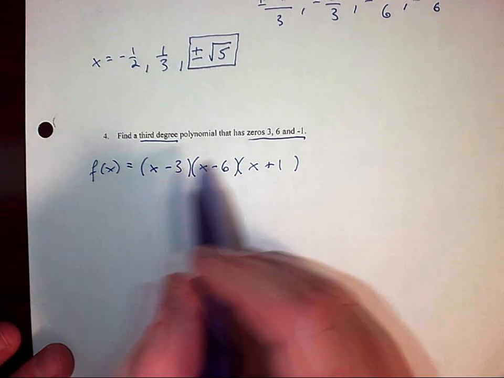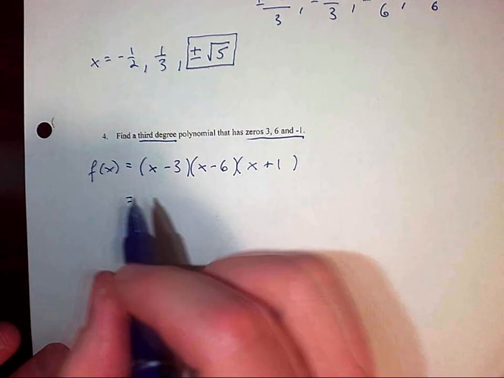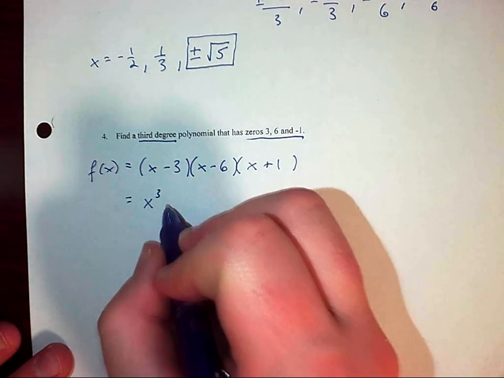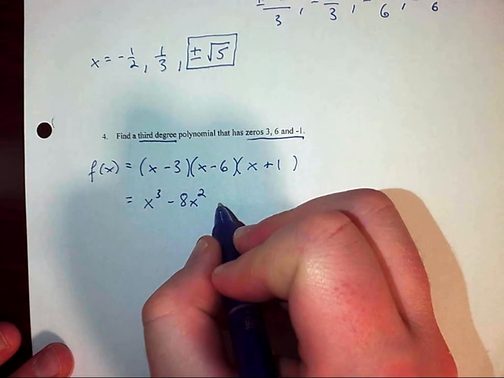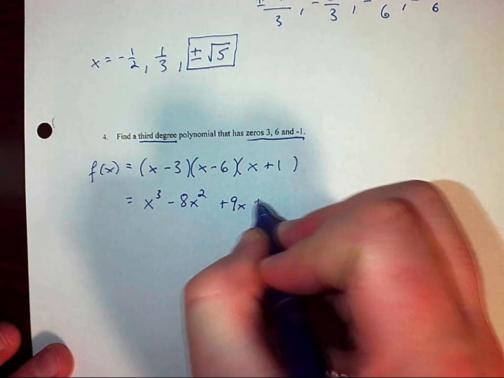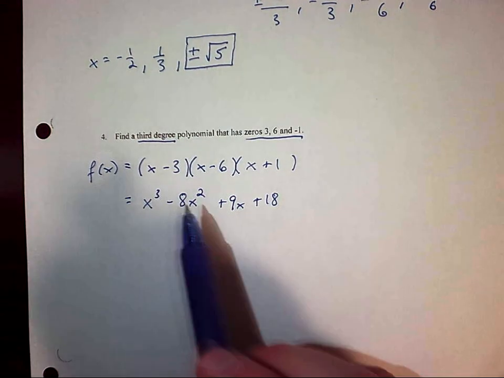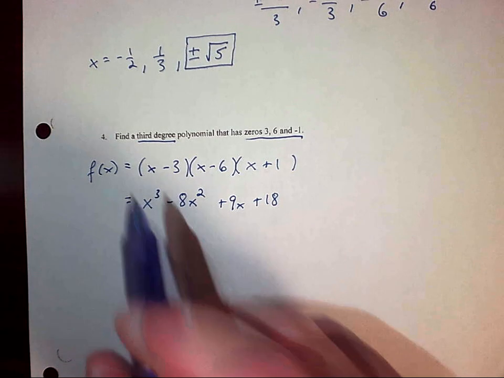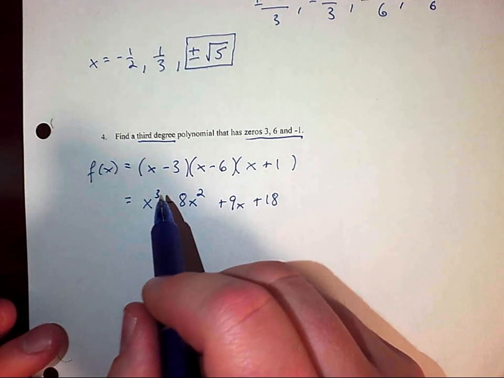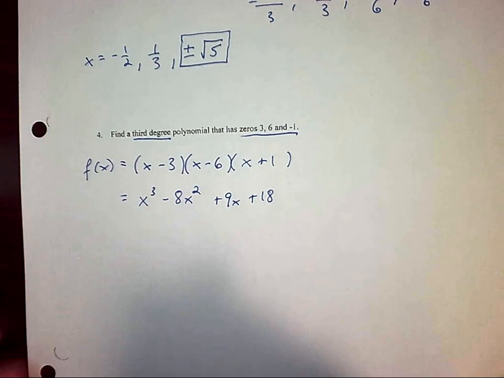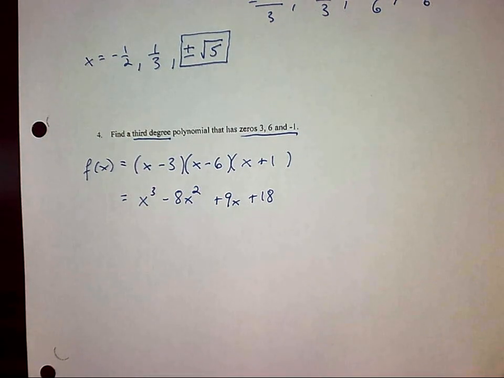If you distribute these things out, you'll find out that this comes out to x cubed minus 8x squared plus 9x plus 18. I'll let you go through the steps of expanding this out, and you'll see that the highest exponent is 3, so therefore this is a third degree polynomial.